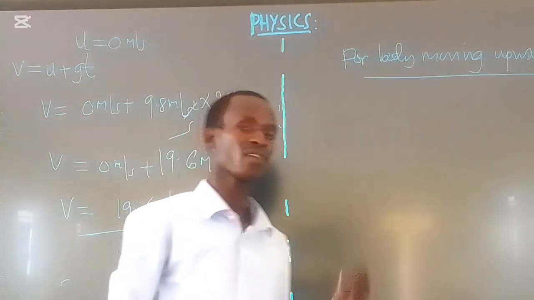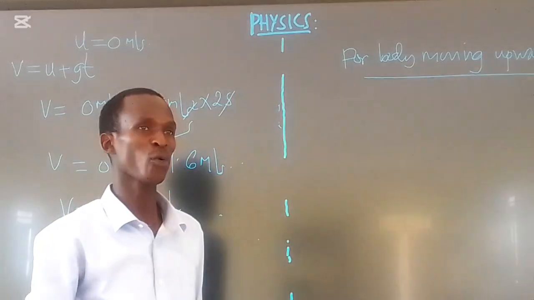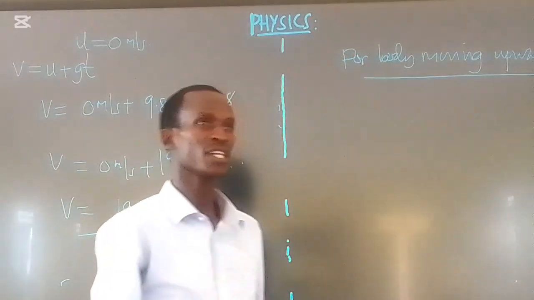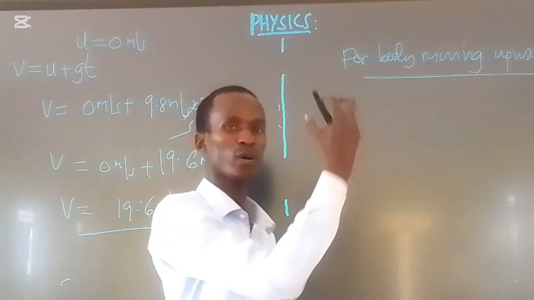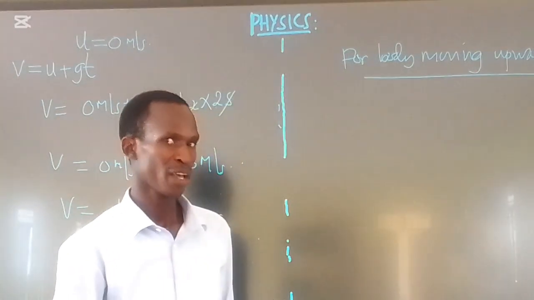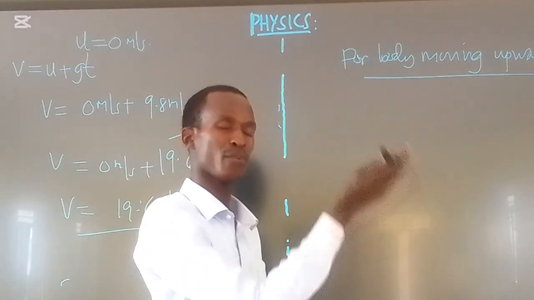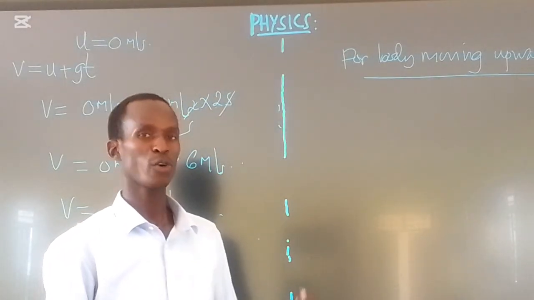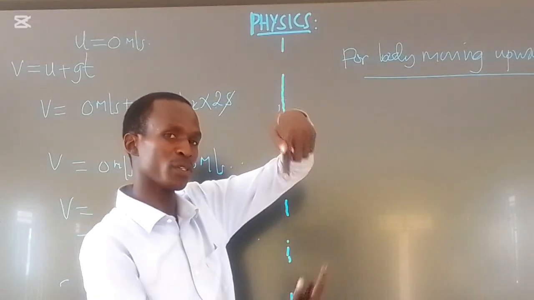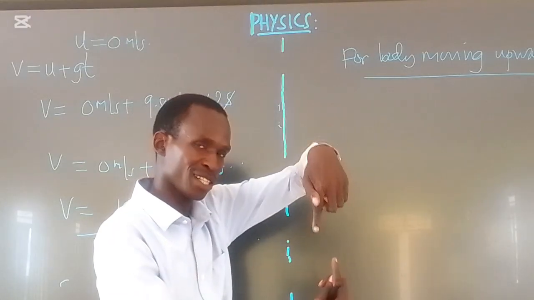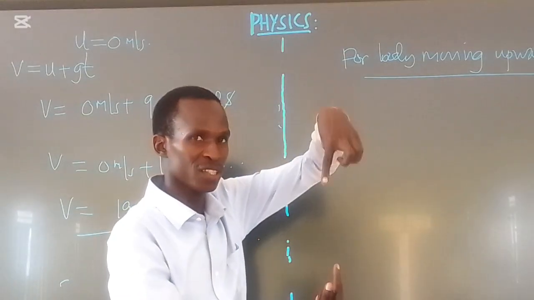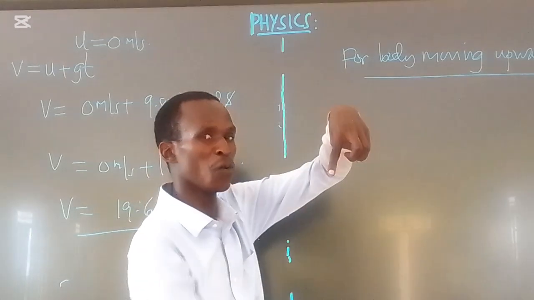As we know, the value of acceleration due to gravity is positive when the body is moving downward, because the force of gravity tends to pull an object towards the Earth's surface. But when an object moves upwards, the value of acceleration due to gravity becomes negative, because gravity opposes the motion of an object moving upwards.